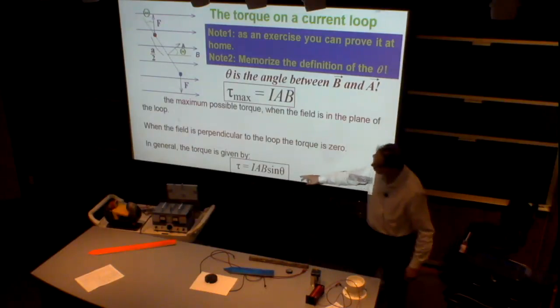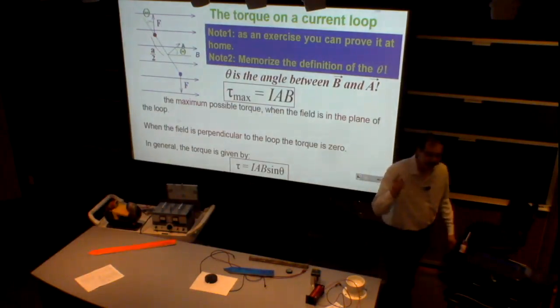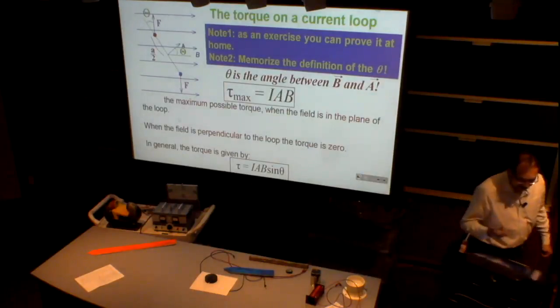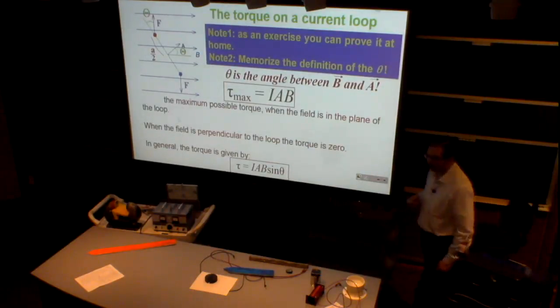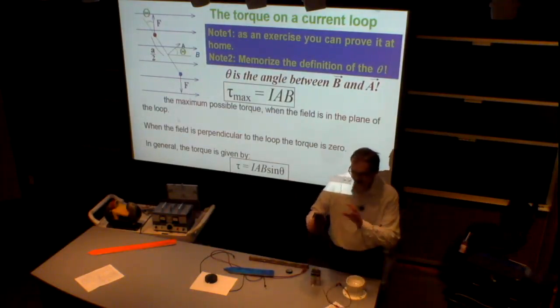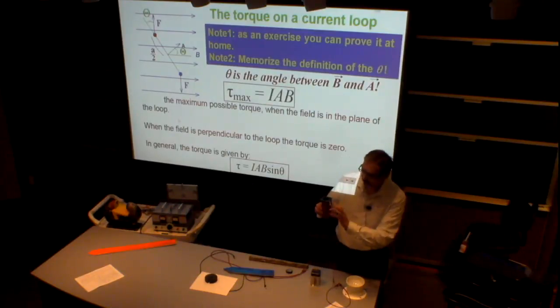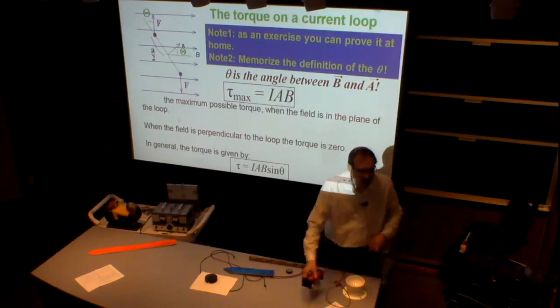If this is 90, sine of 90 is 1, torque reaches maximum value. And of course, if we have a relatively small coil, each loop will experience this torque. So to calculate net torque acting on the solenoid, we would have to just multiply by the number of loops.